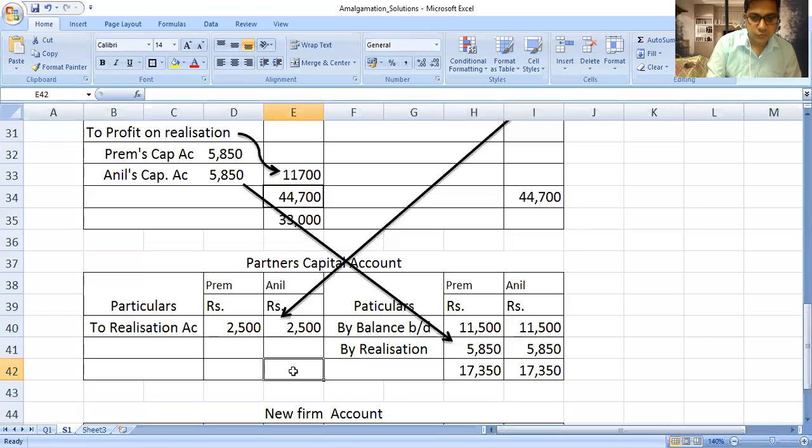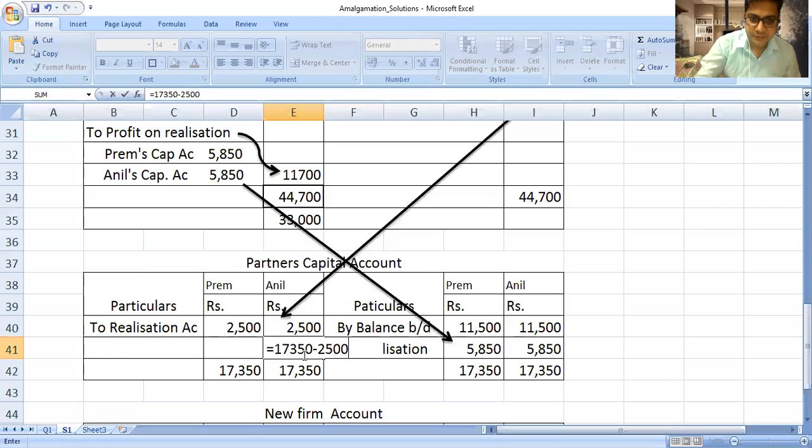Now here also we have to record 17,350 and 17,350. And what balance comes? How will we calculate the balance? 17,350 minus 2,500, so 14,850. Here also the same 14,850.